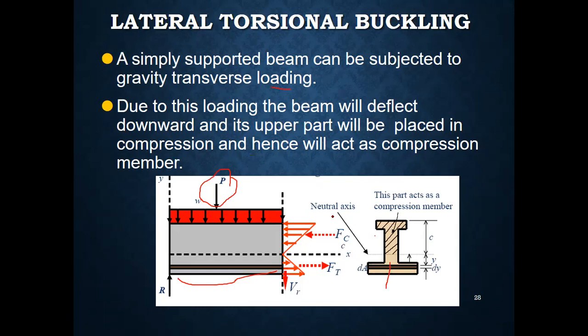So this leads to the fact that we are going to use a beam as a compression member, while beams are generally used as tension members. But this occurs due to the lateral torsional buckling in the member.